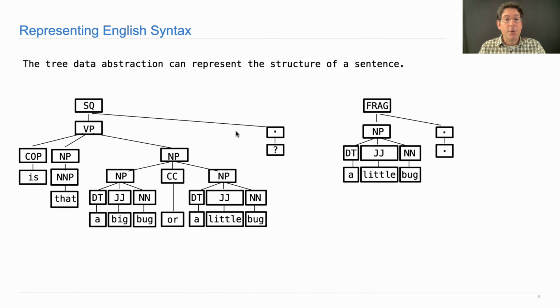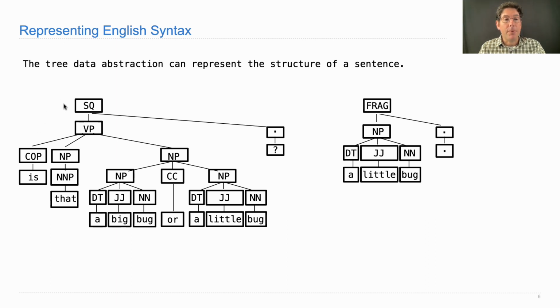So the tree has two branches, and this first branch with root label VP will have 3 branches, and its first branch will have only one branch itself. But notice that this is not a leaf. Instead, this is a tree with one branch, whose branch is a leaf containing the word "is."